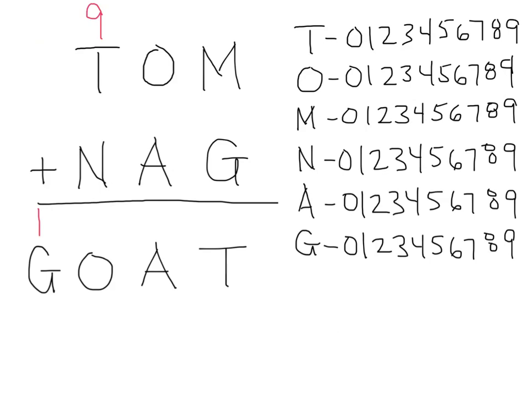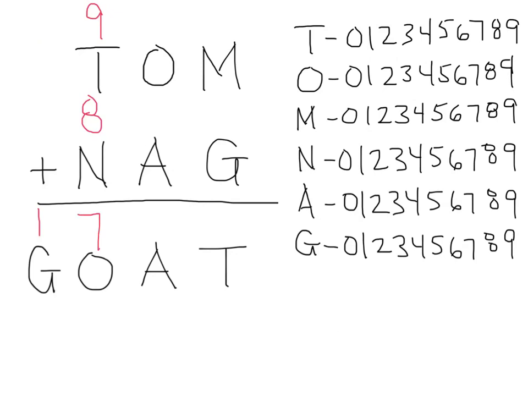And if T is 9, the biggest number that N could possibly be would be 8. And 9 plus 8, those are the biggest possible answers that they could be, and 9 plus 8 only adds up to 17. So see how the O then would be a 7, and I'd carry the 1, and the G would be a 1.